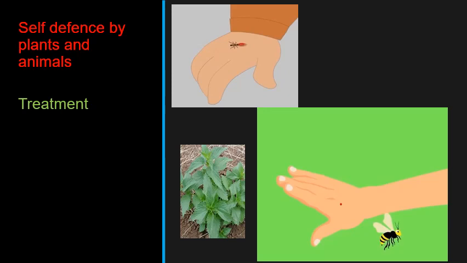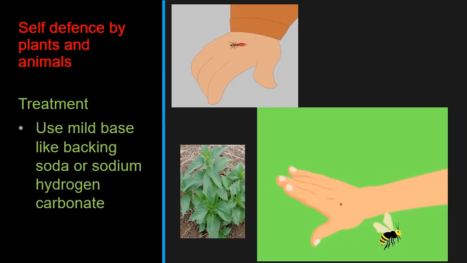Use a mild base like baking soda, or sodium hydrogen carbonate. Ask your mother for baking soda, make a solution and apply it on the sting of the ant, the honeybee or the nettle plant. This is the best treatment.